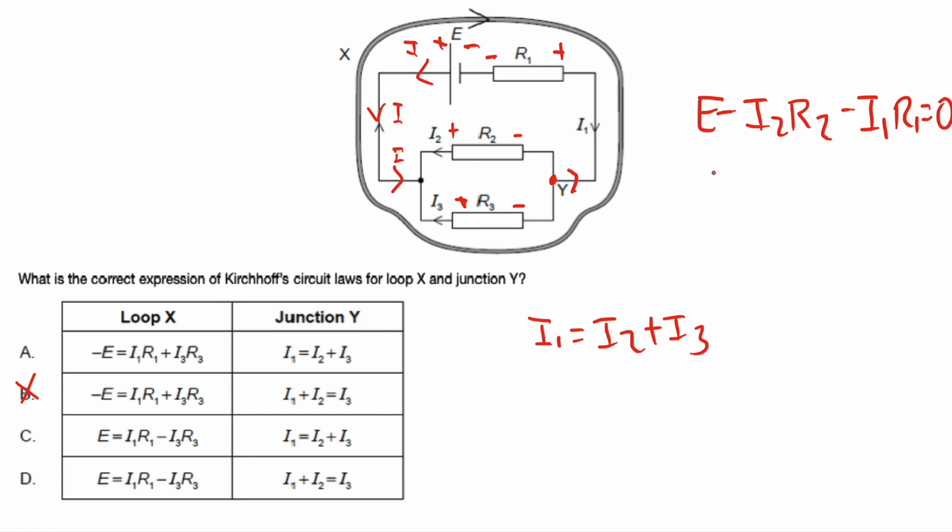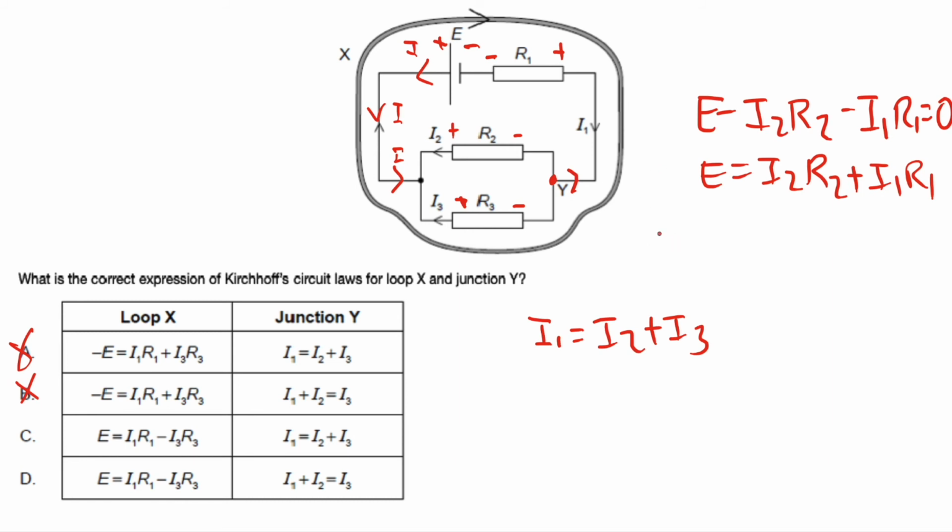So E is equal to I2 R2 plus I1 R1. Do we have this option here? Negative E, this is not correct. E is equal to I1 R1, not correct.